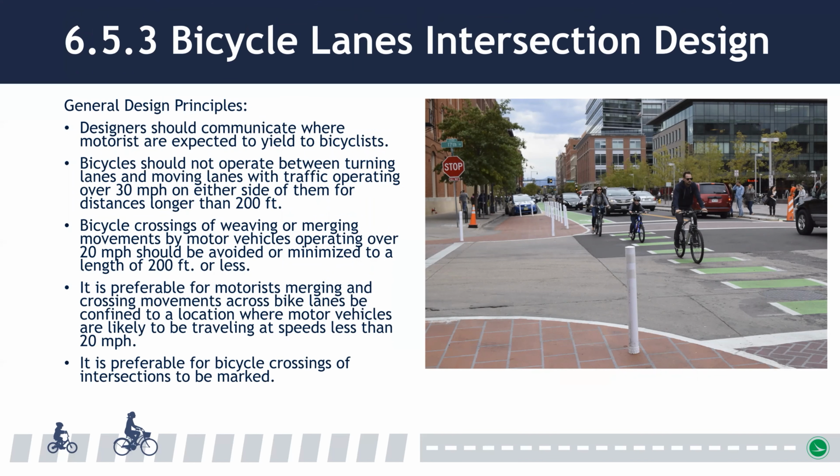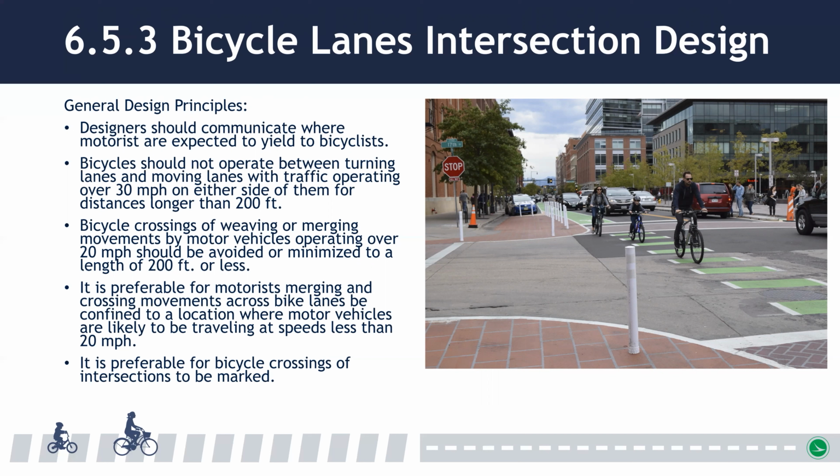For bicycle lanes at intersection approaches, designers should provide a continuous and direct route through any intersection, driveway, or alley to ensure that it is legible to all roadway users. Designers should minimize the length of conflict areas between bicyclists and motor vehicles or eliminate them if possible.